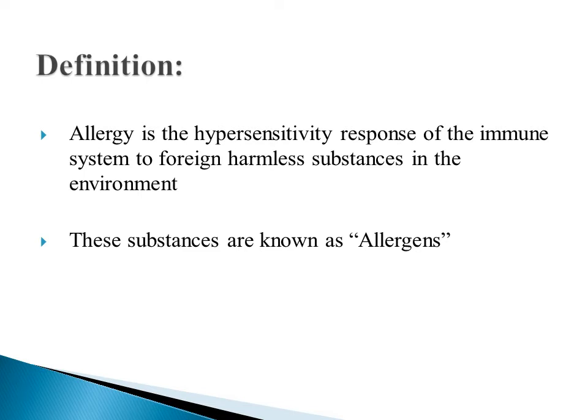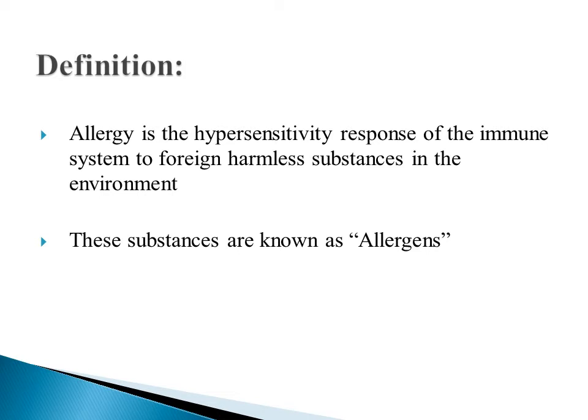This means that normally our body's immune system plays an important role in protecting our body against diseases and in fighting foreign bodies that can be harmful, for example pathogens such as viruses and bacteria.